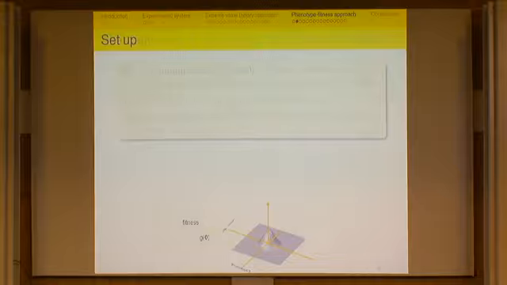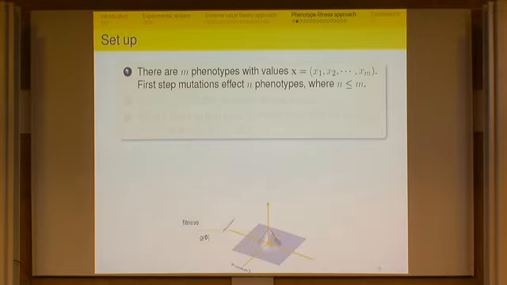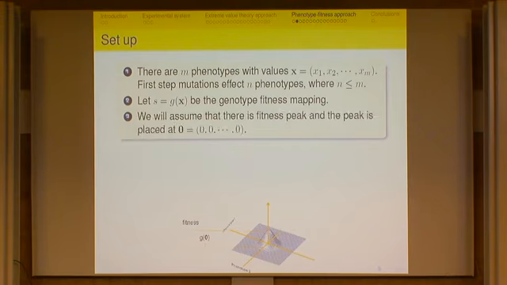I'm going to assume that there are a certain number of phenotypes, let's say M phenotypes in total, and a subset of those are what are affecting each of the individual mutants. I'm going to propose a function g of x, which is my phenotype to fitness map. And I'm going to put the peak at 0, 0, 0.